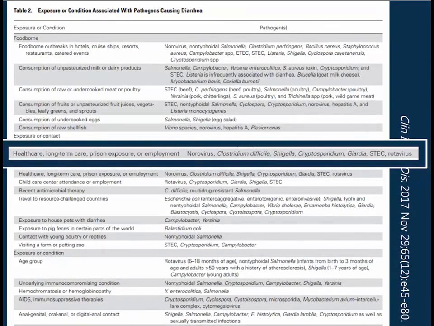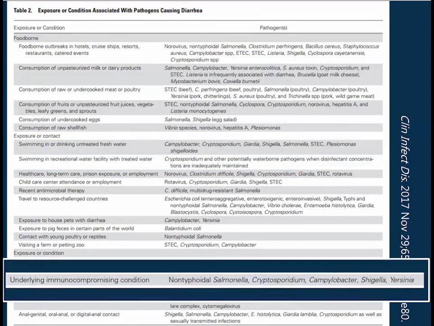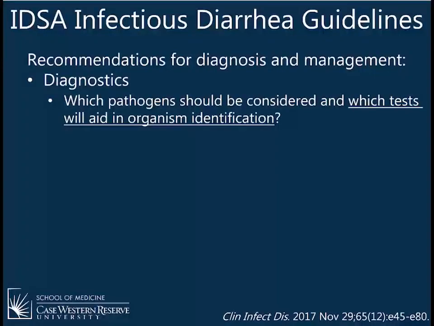If there's long-term healthcare exposure, then think about norovirus, C. diff, Shigella. If the patient's immunocompromised, consider Salmonella, Campylobacter, Cryptosporidium, and other agents. So these are all things that the frontline clinician needs to consider when ordering testing.